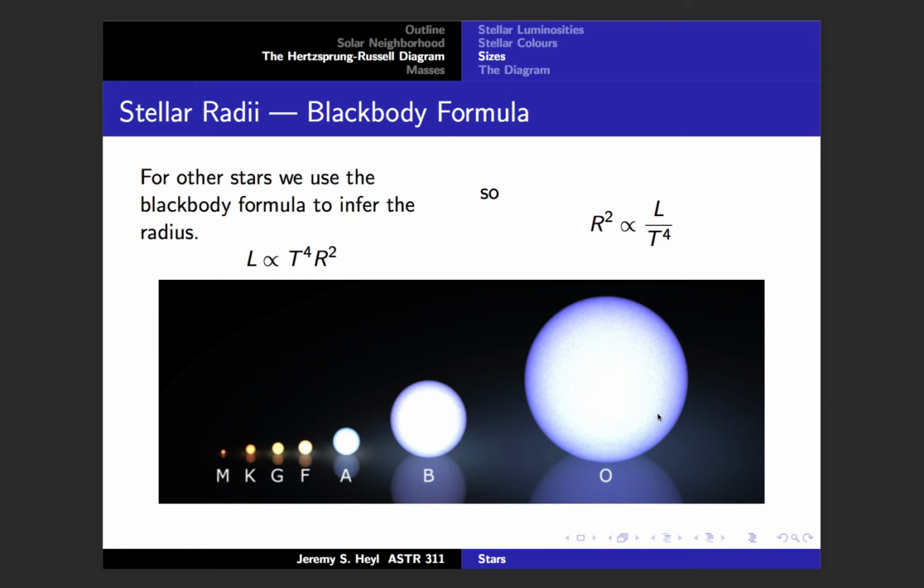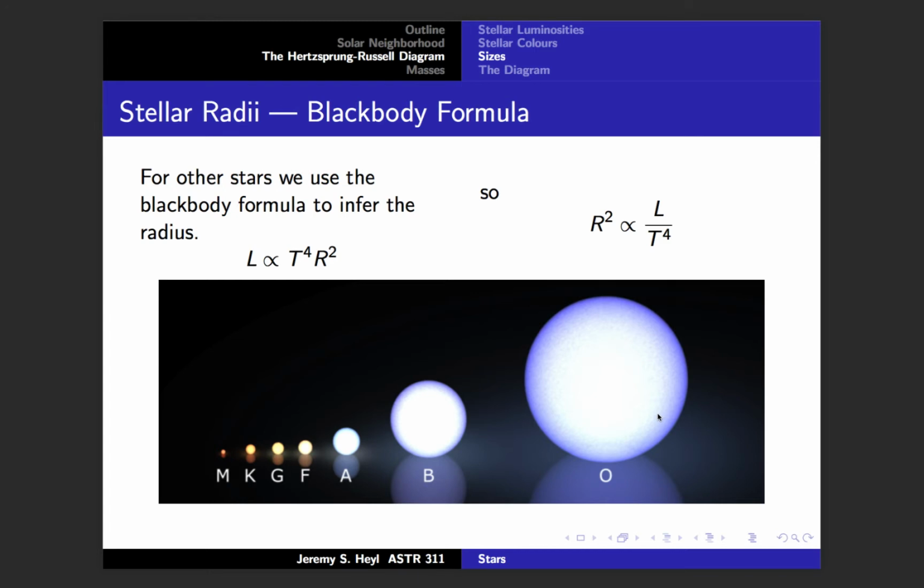It's so dramatic that the star is sometimes blue and sometimes red, as one goes in front of the other and totally hides it. So with an eclipsing binary, we can measure that radius relatively accurately.